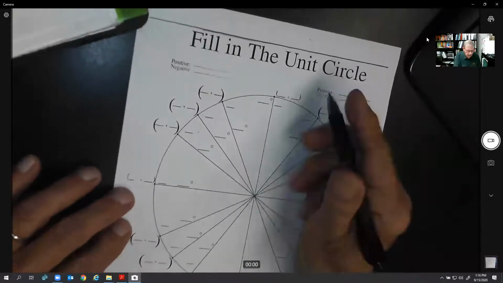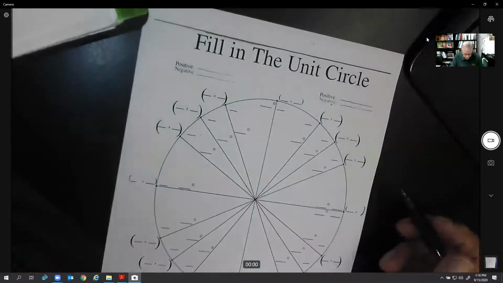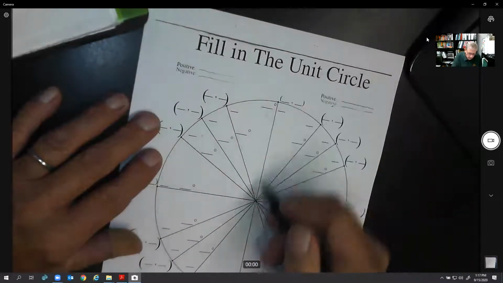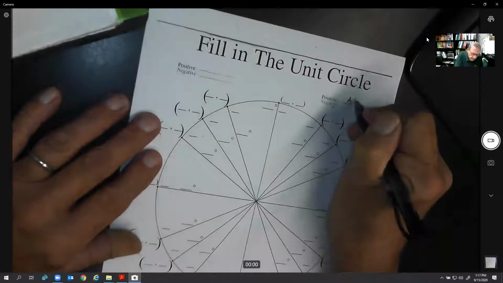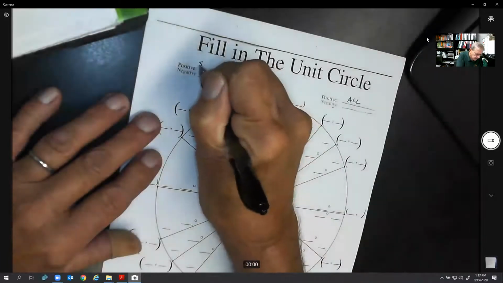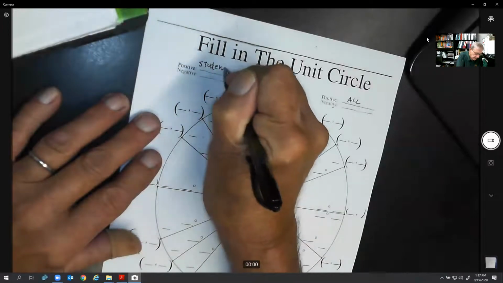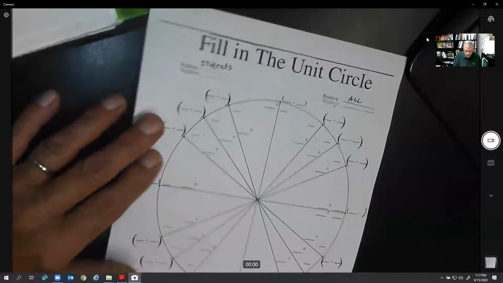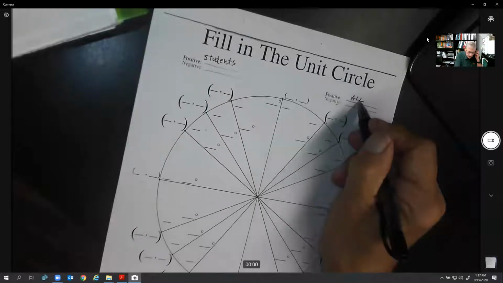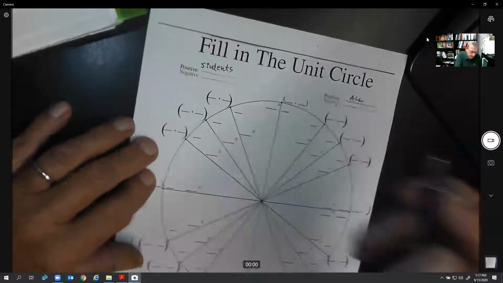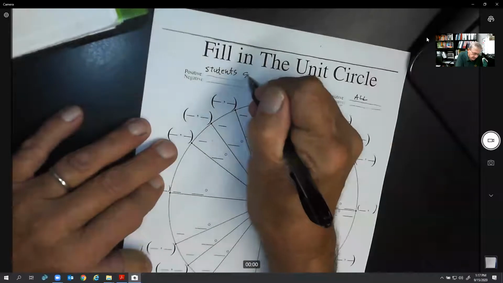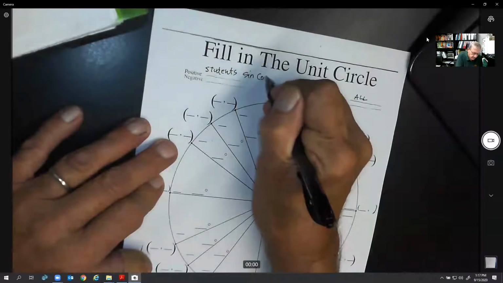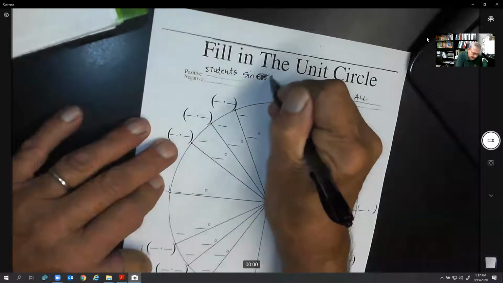Okay, so let's start out with this positive and negative thing and what they're talking about here. Remember in the first quadrant, all students take calculus. I'm just going to list the positive functions. All, that would be positive for sine and cosine, and also cosecant and secant.